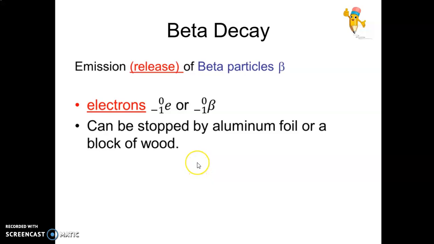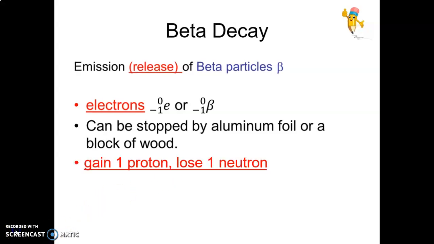That means that the number of electrons will decrease by 1, but in this case, we are also going to gain a proton and lose an electron. So again, when you have beta decay, it is going to lose or release an electron. But what this really means is that it is going to gain 1 proton and lose 1 neutron.